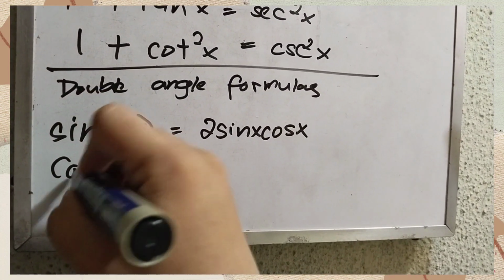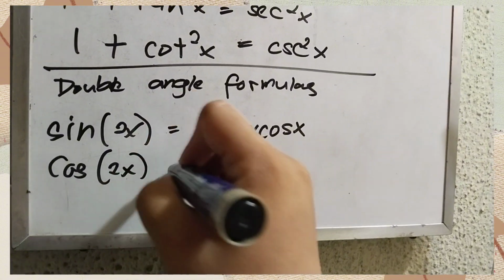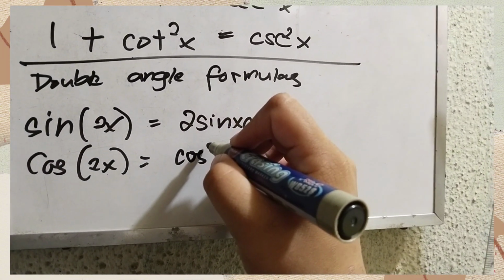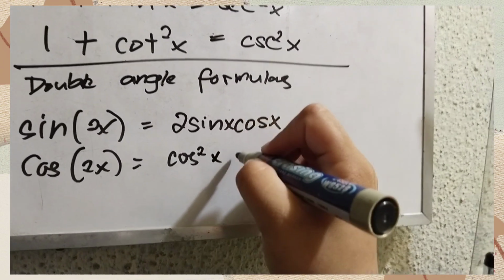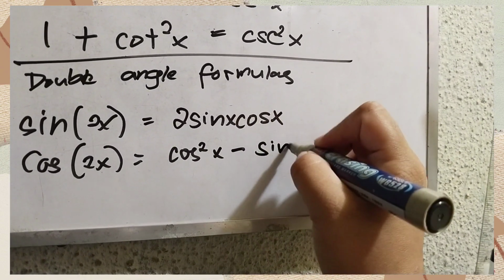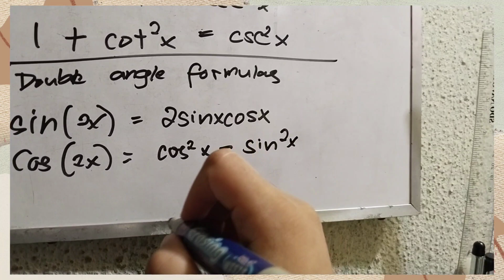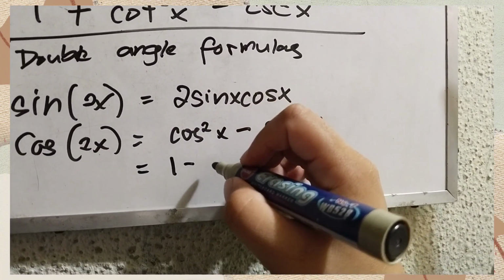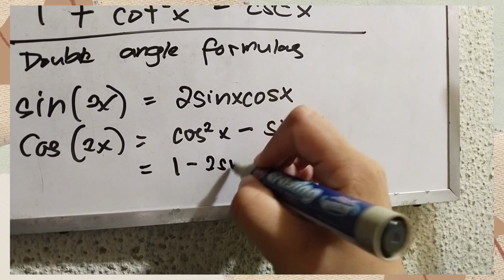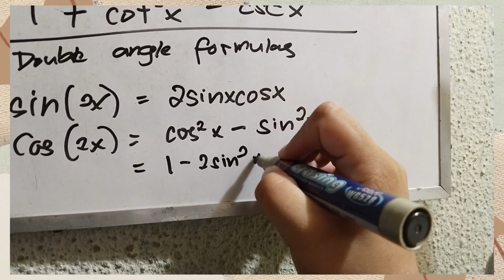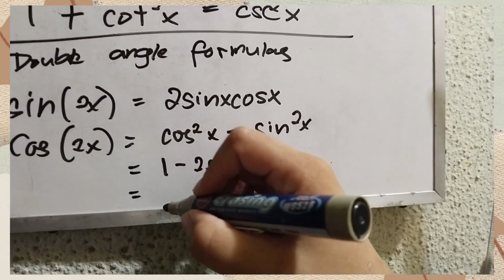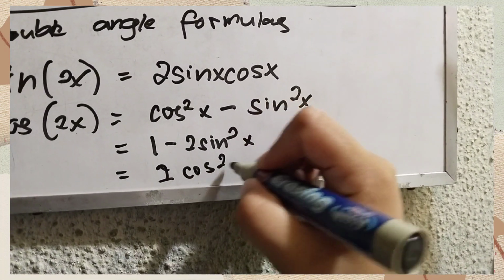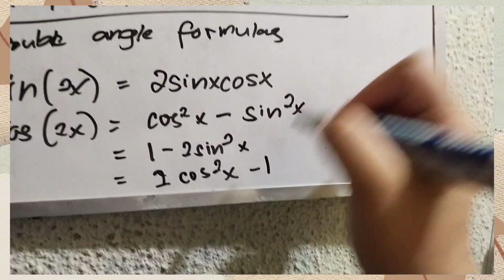Next, we have cosine 2x is equal to cosine squared x minus sine squared x, or 1 minus 2 sine squared x, or 2 cosine squared x minus 1.